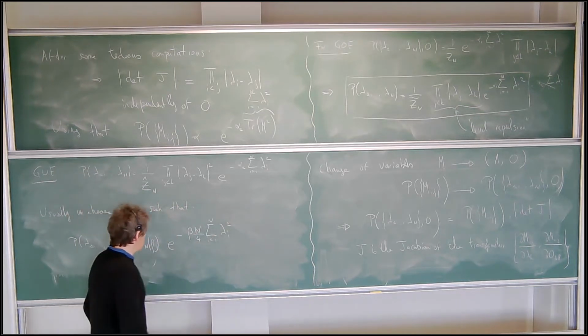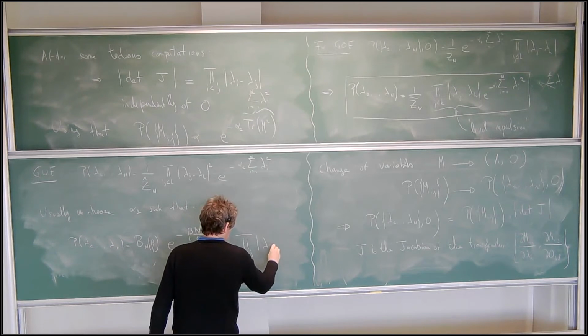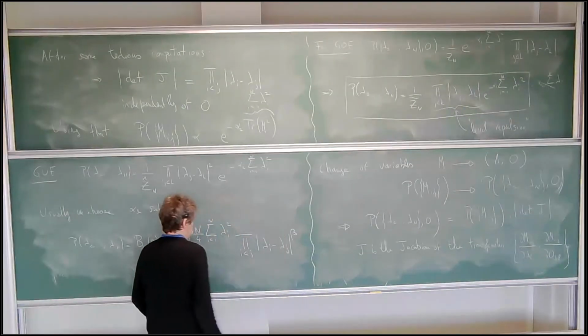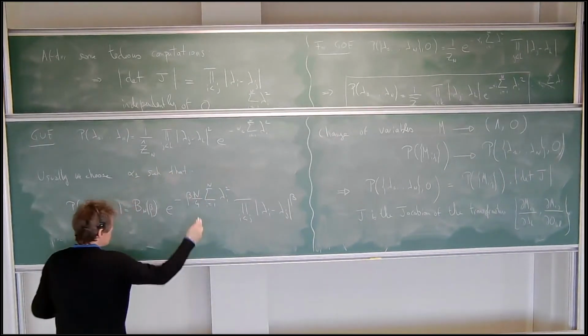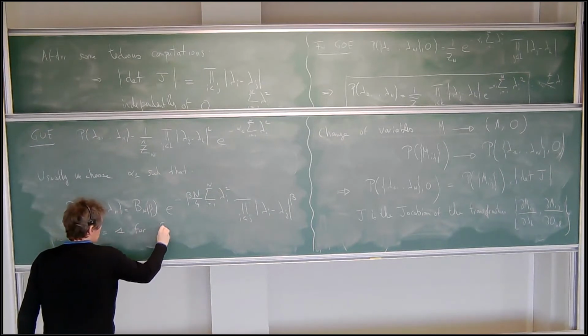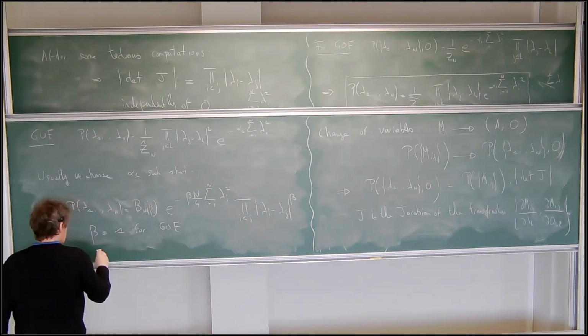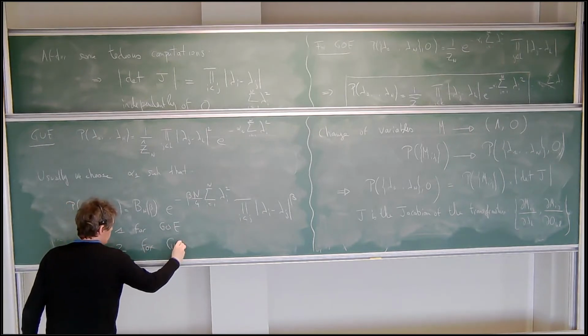I will tell you what beta is. You will get it now. And I have this Vandermonde here, lambda I minus lambda j to the power beta. And beta, as you can imagine or read, is equal to 1 for the GOE, so that's the standard nomenclature, and beta equals 2 for GUE.